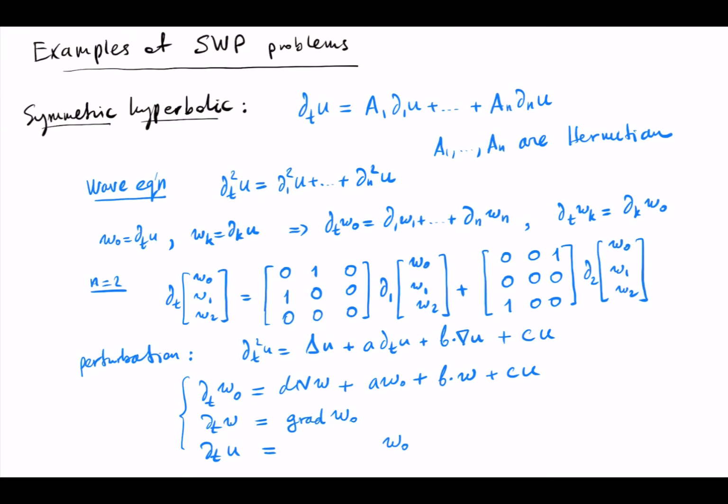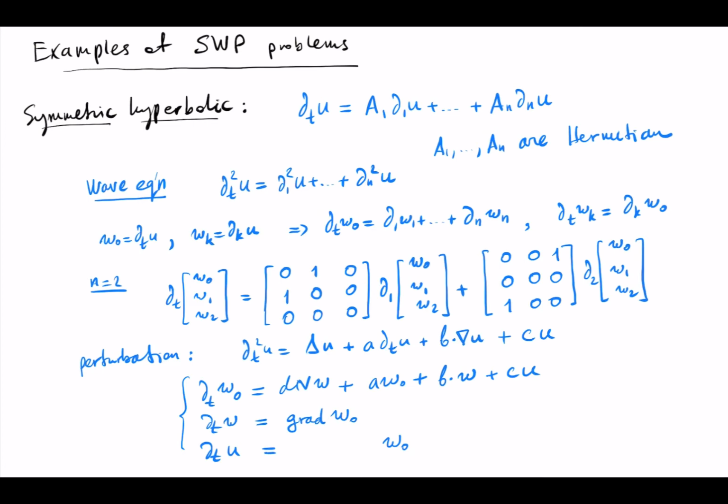In particular, we need to have one time derivative on the left hand side, and on the right hand side we need to have just first derivatives. So we introduce new variables called the time derivative of u, w0, and the space derivatives, wk.